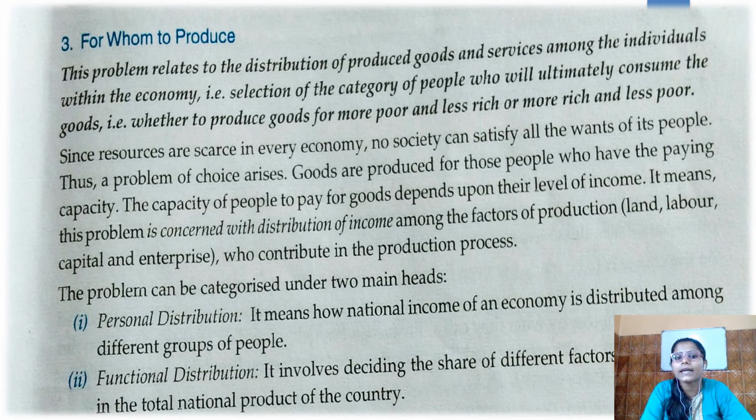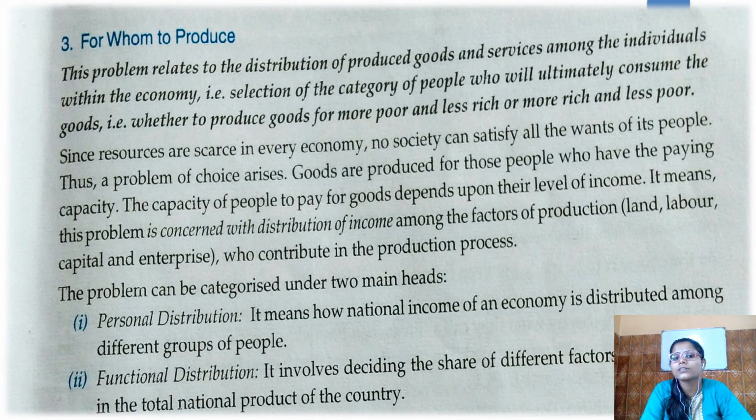The problem can be categorized under two main heads, that is personal distribution and functional distribution. Personal distribution means how the national income of the economy is distributed among different groups of people, that is rich people or poor people. Functional distribution involves deciding the shares of different factors of production in the total national product of the country.